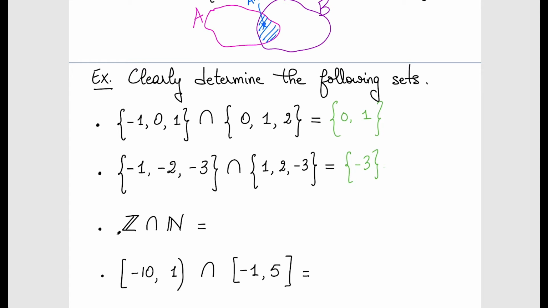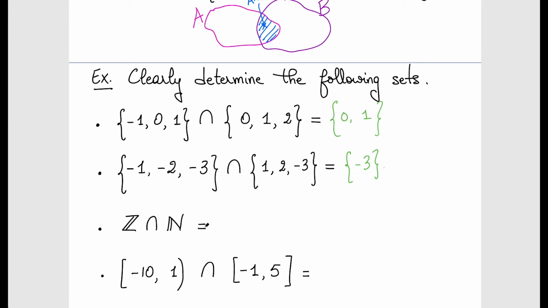All right. Third part. Z intersect N. What's Z? If we go back to an earlier page, Z was the set of all integers, and N was the set of all natural numbers which are positive integers. So what's the intersection between the two?